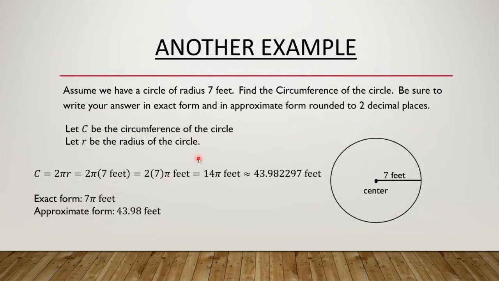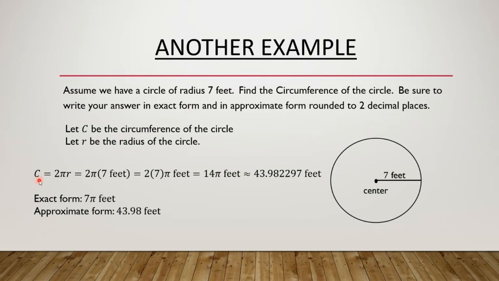Okay, so here's another example. We're going to do this one again. This is a little bit different here. We're going to find the circumference, but our radius is 7 feet now. It's the same idea as the previous example, the same steps actually.